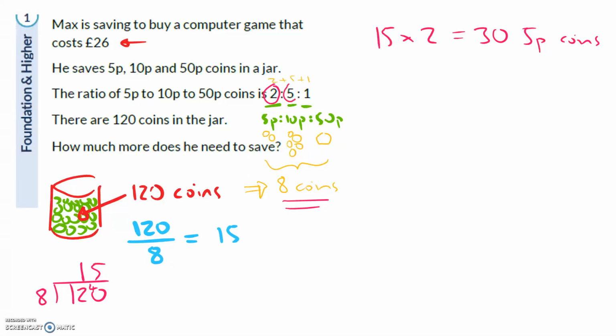If I take my 5 from the ratio, which is all about the 10p's, then 15 times 5 gives me 75. There must be 75 10p coins. And 50p's: I've got 15 groups of those 8 coins, 15 times 1 gives me 15 50p coins.